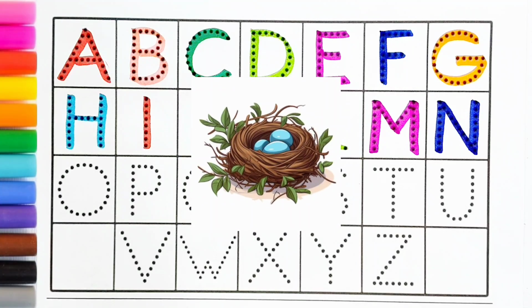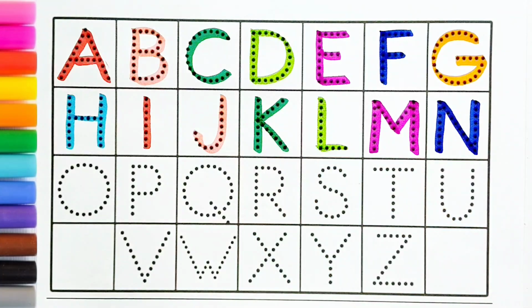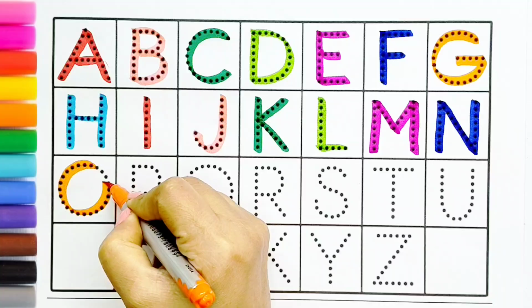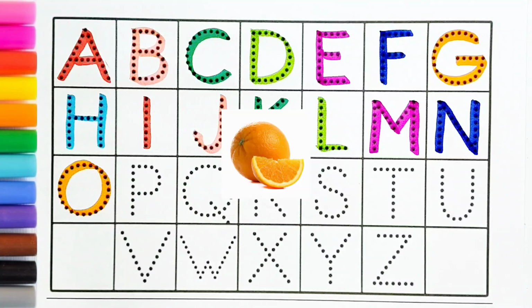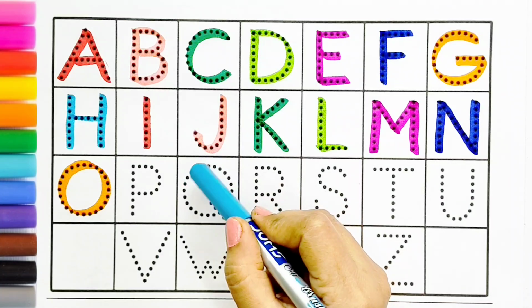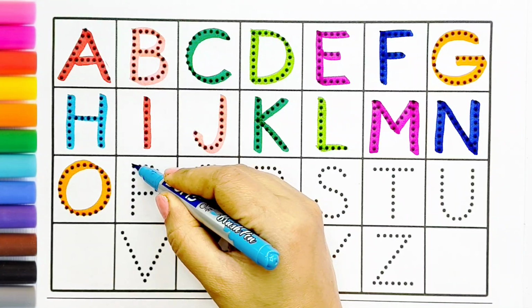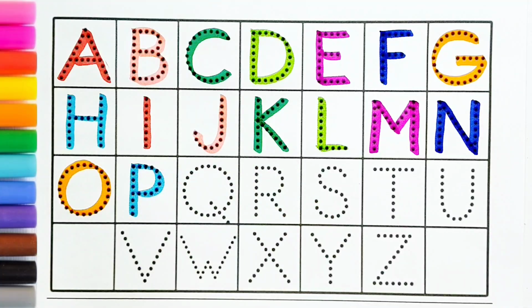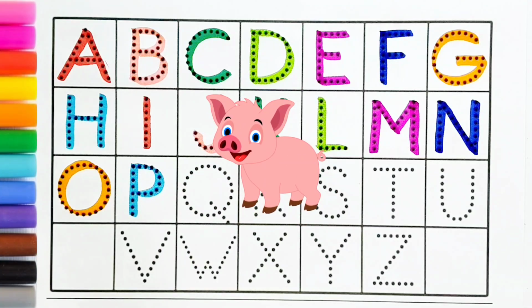N for nest. Orange color. O. O for orange. O for orange. Sky blue color. P. P for pig. P for pig.